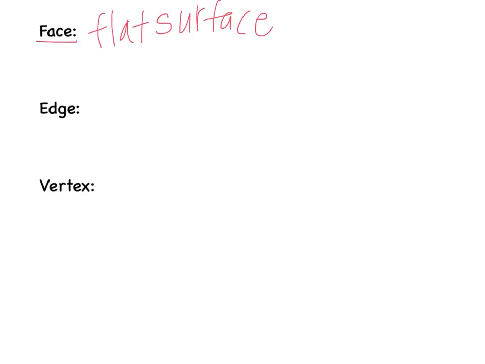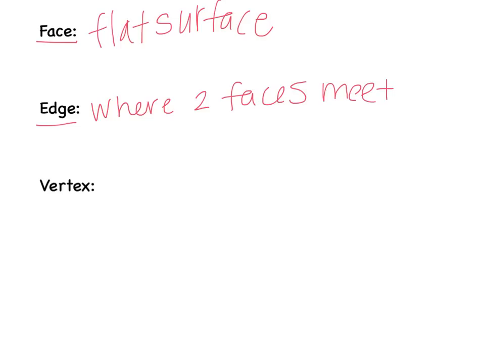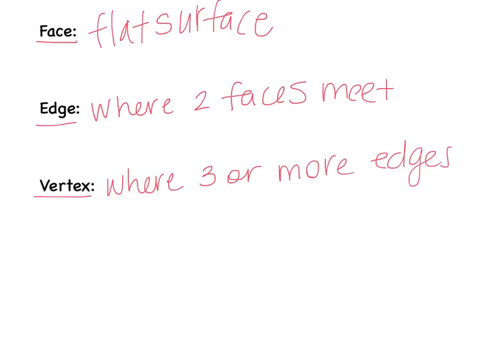The second is an edge, and an edge is where two faces meet. And then finally a vertex, and this is where three or more edges meet.